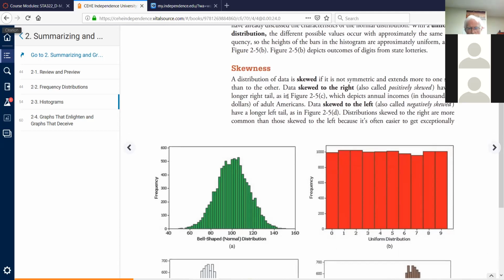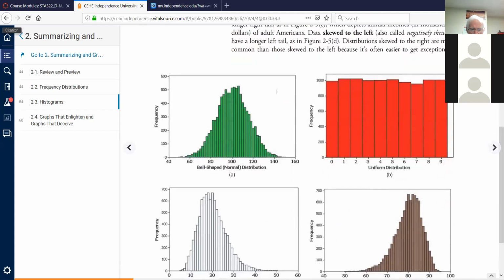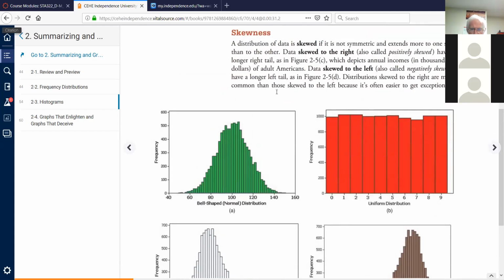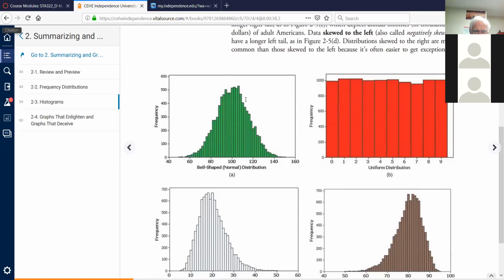We say that skewed to the right is positive skew, and skewed to the left is negative skew. So if we look at annual incomes across the country, if it were going to be a normal distribution, we'd expect it to look something like this.